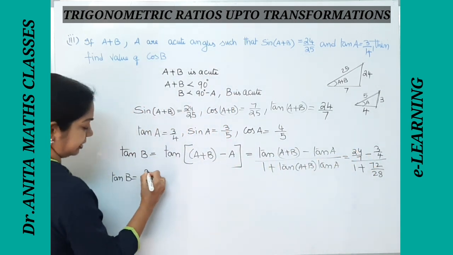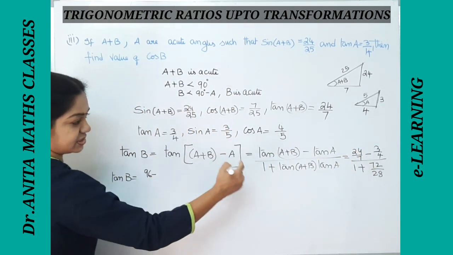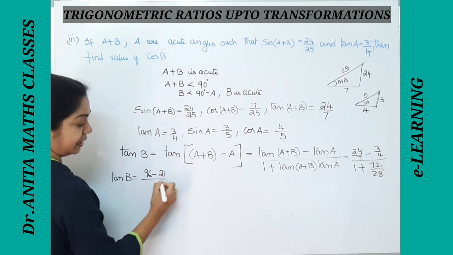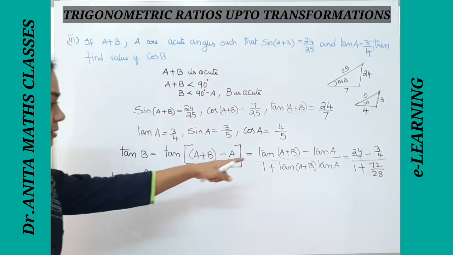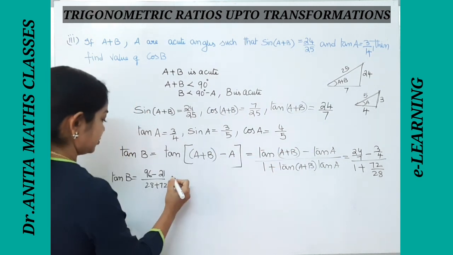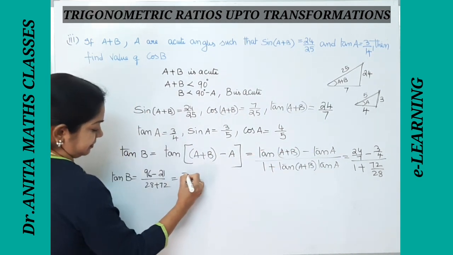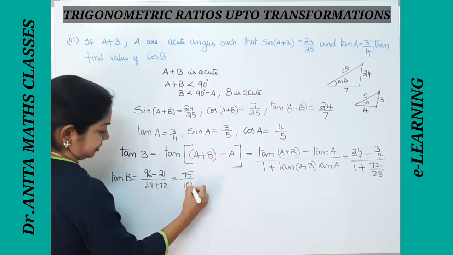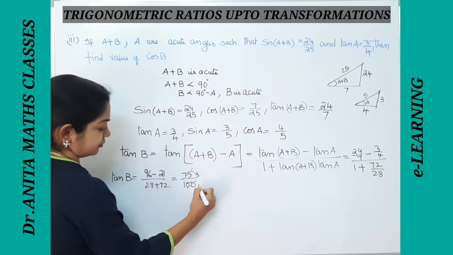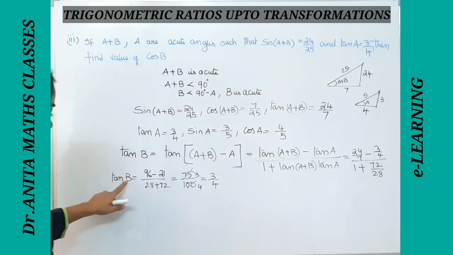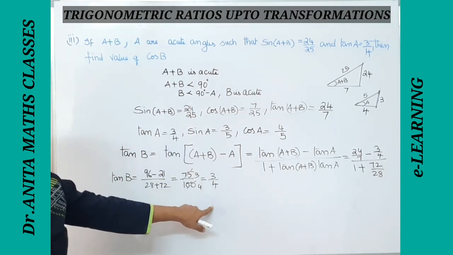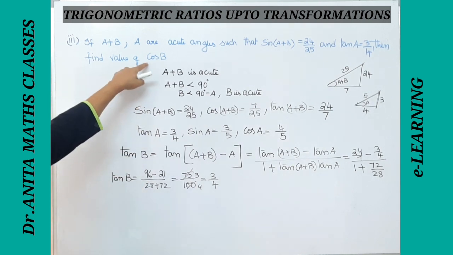Directly we can write 96 minus 21 by 28 plus 72. I'm cancelling the denominator parts, 28 and 28. So it comes to 75 by 100 again. So this is thrice, this is 4 times. So we got the tan B value as 3 by 4.